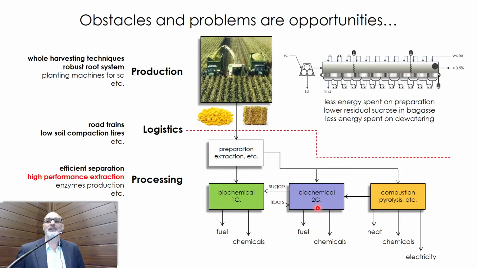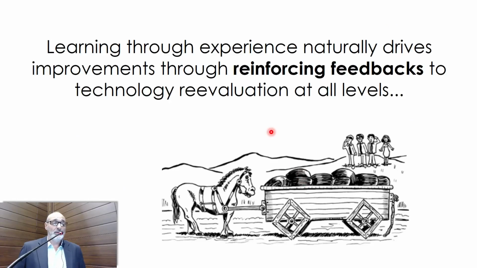What will happen with 2% sucrose in pretreatment, in hydrolysis, and so on? It may be a problem, but if you develop a high performance extraction, you are sending 0.1%, and it will enable this deviation here. So that's an example of how we can incorporate new technologies and gain, especially in scale.